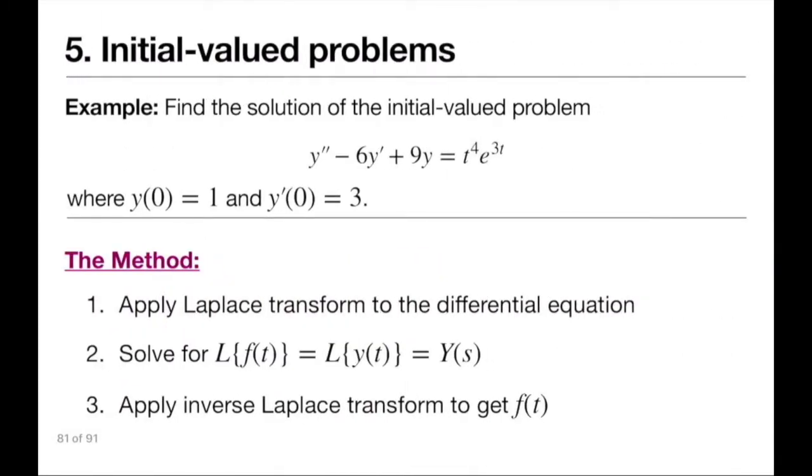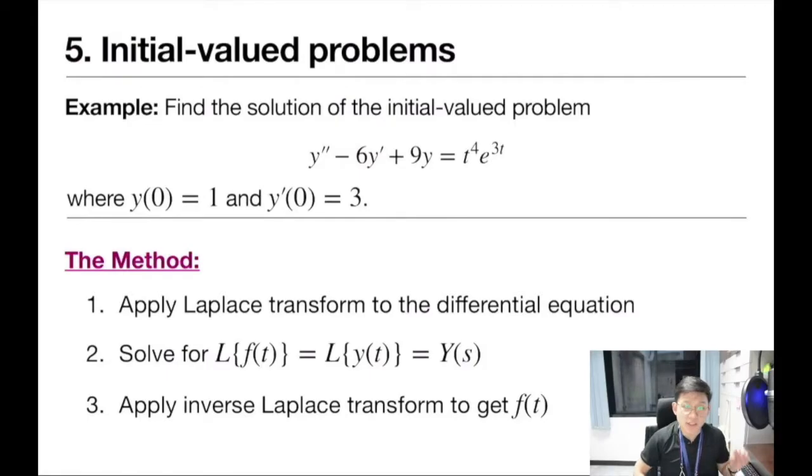Let's have a look at the fifth section, which is initial valued problems. If you remember, we looked at initial valued problems before in chapter 2, the second chapter before midterm. We solved this equation: y'' minus 6y' plus 9y equals t to the 4 e to the 3t.